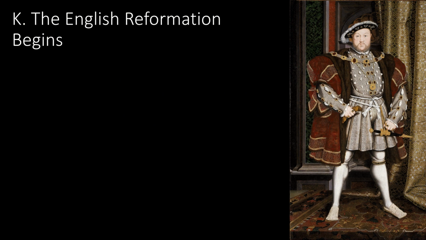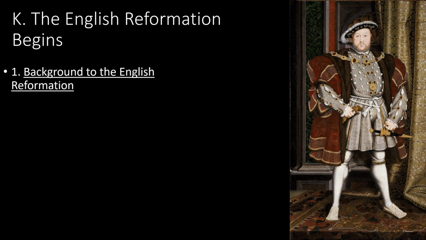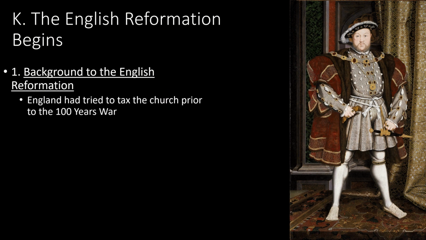Okay, the English Reformation begins. Before we talk about the English Reformation, let's talk about a little background, a little context. If you remember way back in chapter 1, we talked about how England and France were trying to exert their power over the Catholic Church, and they started to try to tax the Catholic Church.